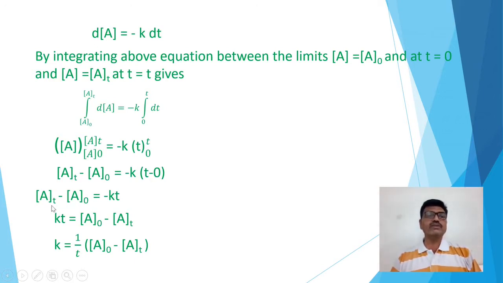So this is equal to [A]t minus [A]0 is equal to minus kt, or kt is equal to A0 minus At, or this can be rearranged like this. So this is the integrated rate law equation for the zero order reaction.